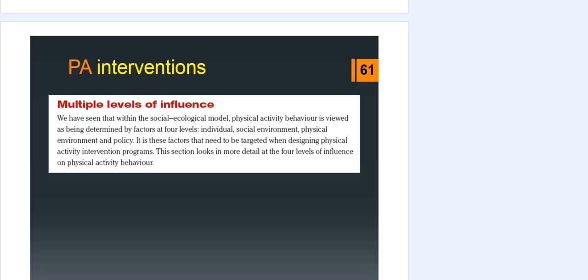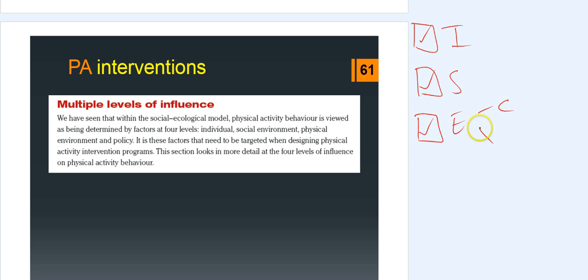When we're looking at multiple levels of influence, really what this is saying is that if our intervention ticks the individual box, ticks the social box, ticks the environmental, again whether it's constructed or natural, ticks the policy box, the more of these that we tick, the greater the chance of us or the intervention actually working.